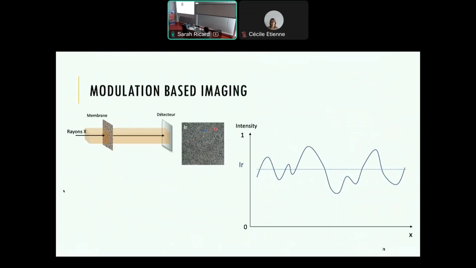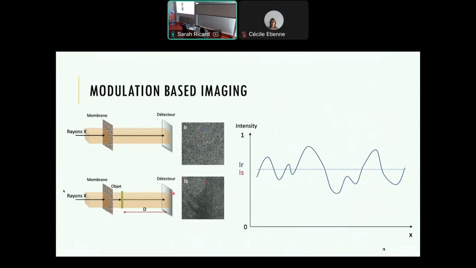Another way to look at it is that we take a reference image, take a profile of it, and we have this profile. If we do the same for the sample image, we get another profile. If it was absorbed, you see a loss.